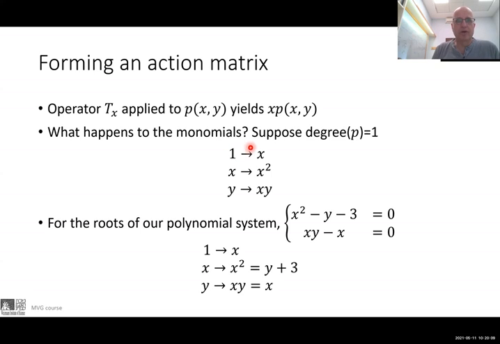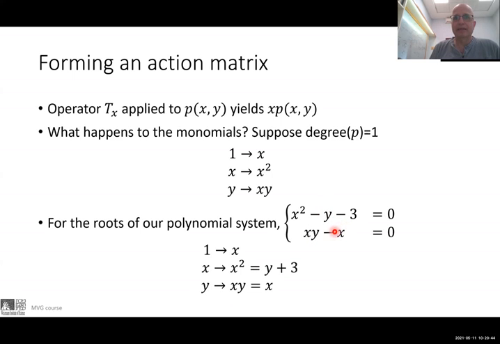Given that, we can now replace x squared and xy by some things from this equation. So x is good, we are not going to make any substitution here, but x squared we can substitute with y plus 3, and xy we can substitute with x.